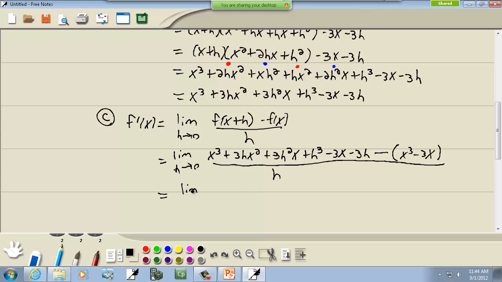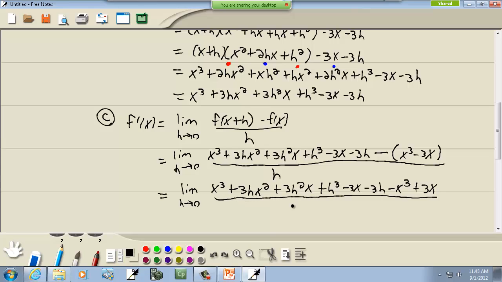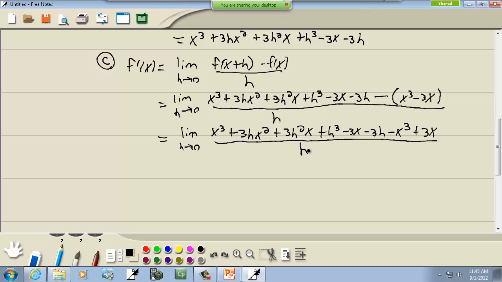Okay, so we got the limit as h goes to 0 of x to the third plus 3h x squared plus 3h squared x plus h to the third minus 3x minus 3h. And that negative in front of that parentheses flips the sign of everything. So it becomes a negative x to the third plus 3x, all over h. Okay, combine like terms.